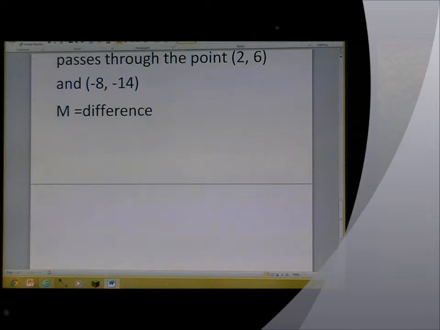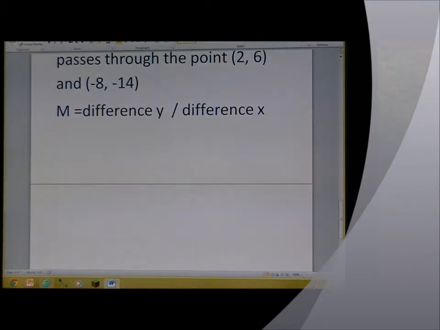So the difference of the y's divided by the difference of the x's. And there's a lot of different ways they write this. Sometimes they write y2 minus y1 over x2 minus x1. Or they write it as delta, like a little triangle, which just means difference. So I thought it might be easiest to write it this way.